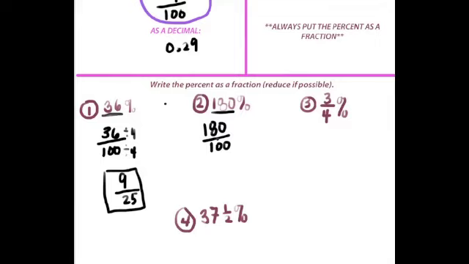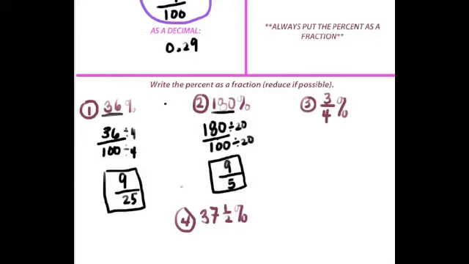Something that 180 and 100 have in common, maybe 20. If we divide the top by 20, we get 9. If we divide the bottom by 20, we get 5. So we reduce this to 9 over 5.